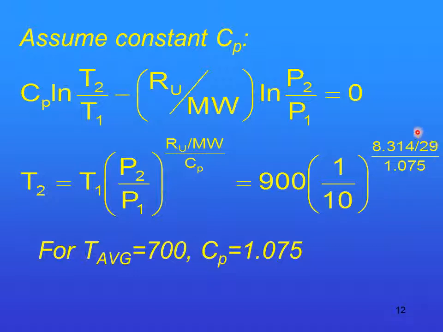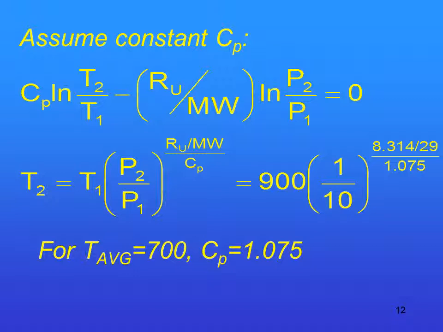I said K minus 1 over K, that's really R over Cp. R over the molecular weight of air, which is 29, divided by Cp. We're assuming an average process temperature of 700 degrees, where Cp is about 1.075 kilojoules per kilogram K.